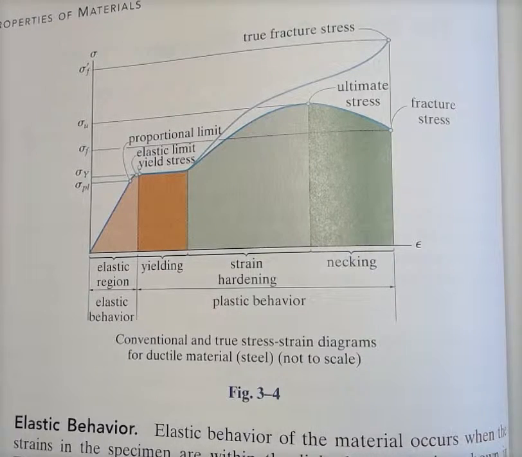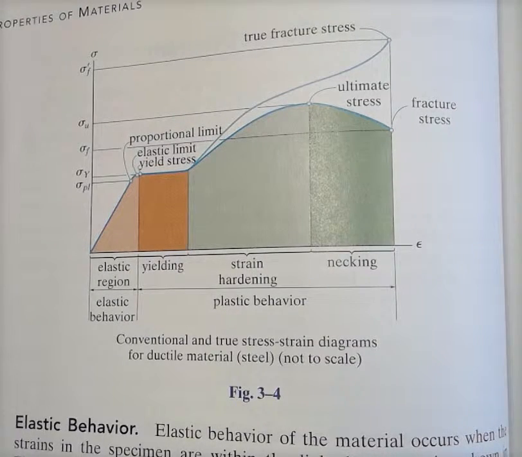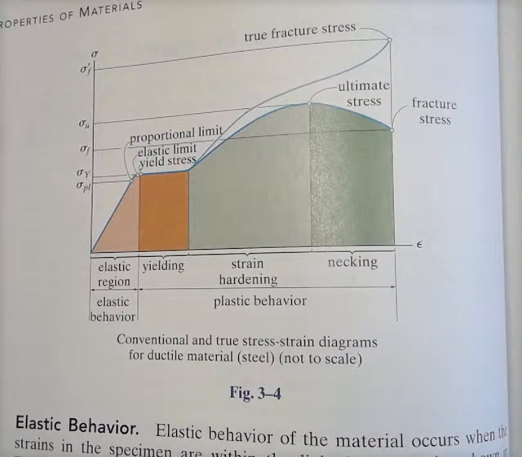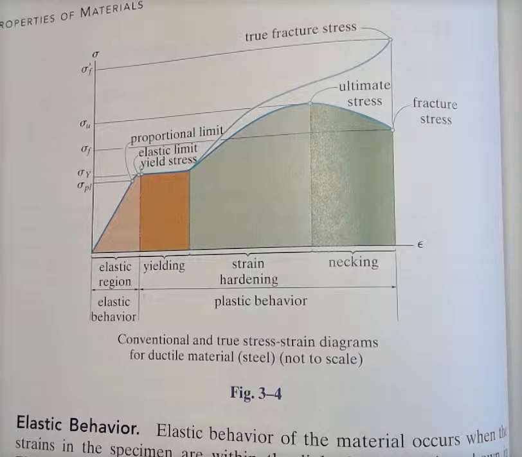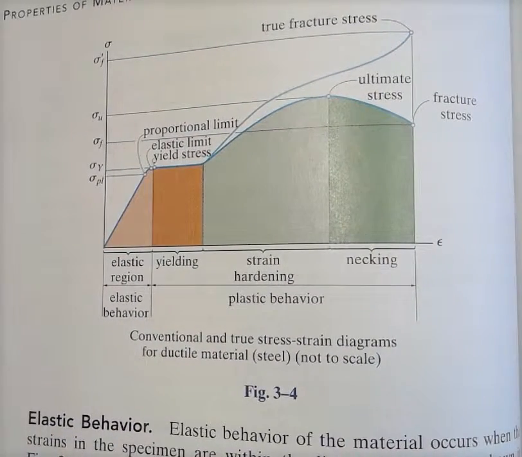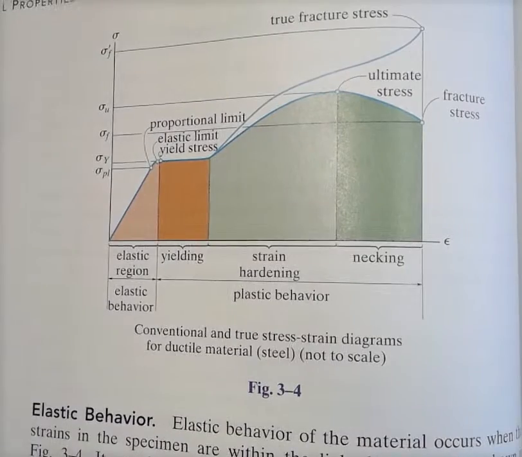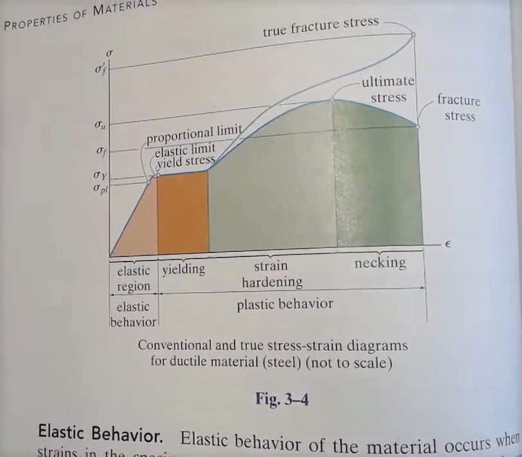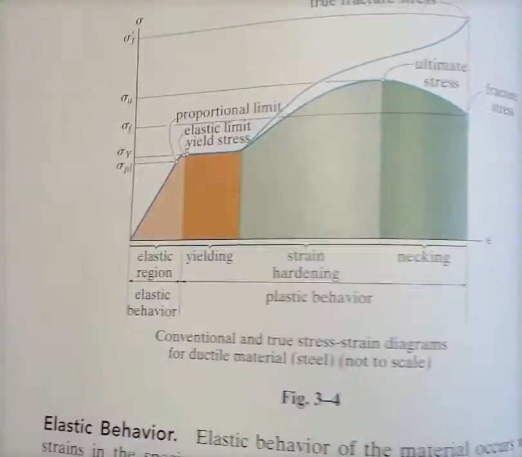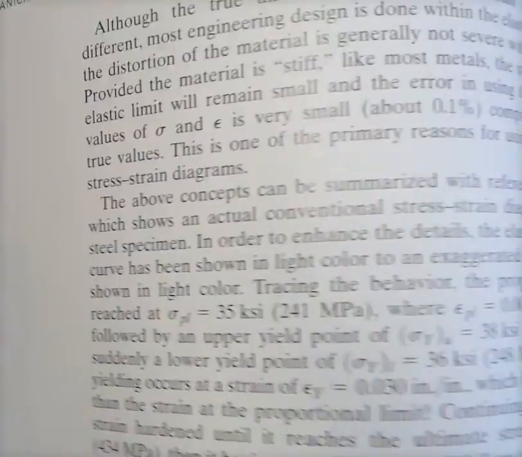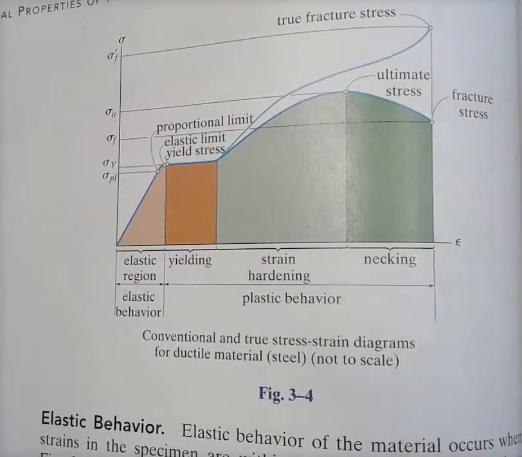So right now I am on page 88 in our textbook, and this is the stress strain diagram for a ductile material. Ductile are materials that do stretch, whereas brittle materials have different shapes. I do encourage you to read some of the pages around this page, say from 87 to 90.